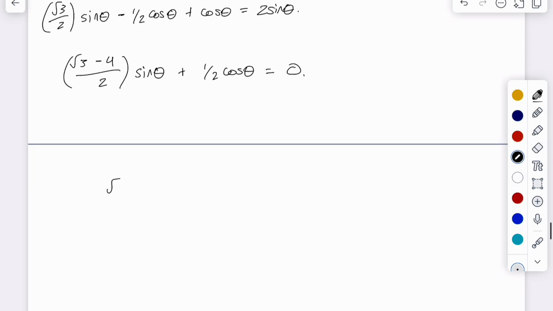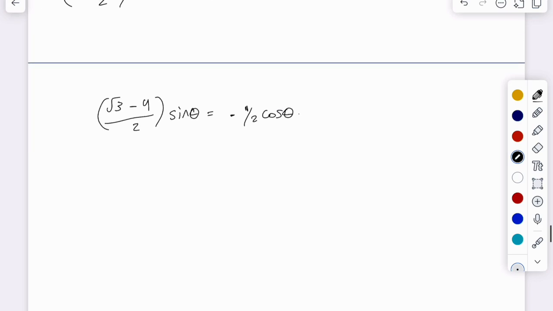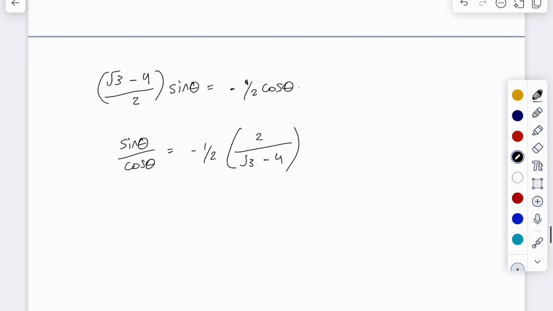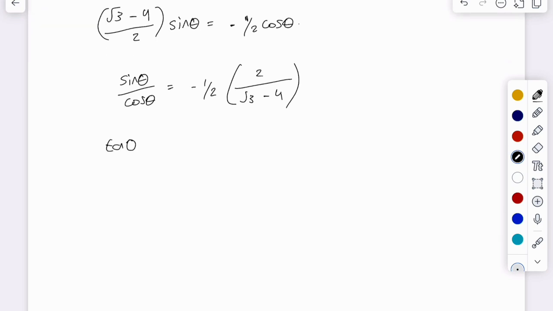And therefore, root 3 minus 4 over 2 sine theta is equal to negative a half cos theta, right? And therefore, sine theta over cos theta is equal to negative a half times 2 over root 3 minus 4, which means tan theta is equal to 0.441.